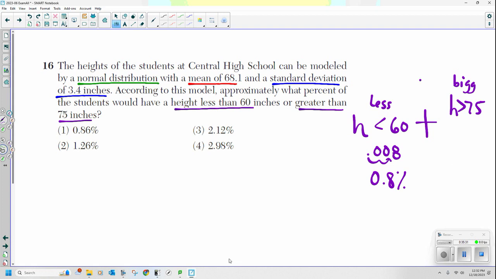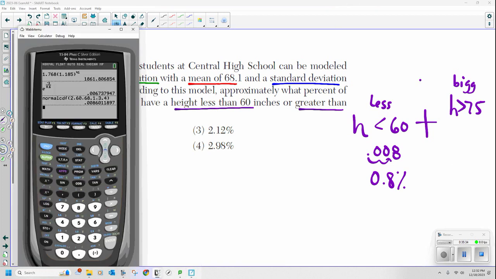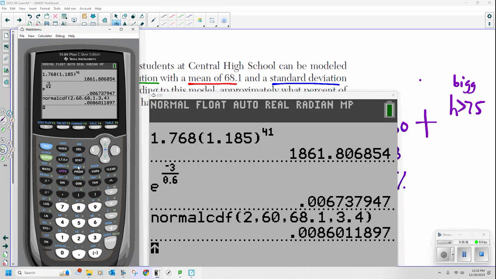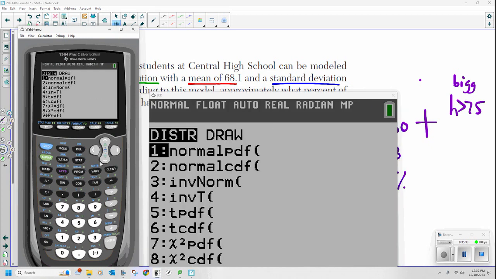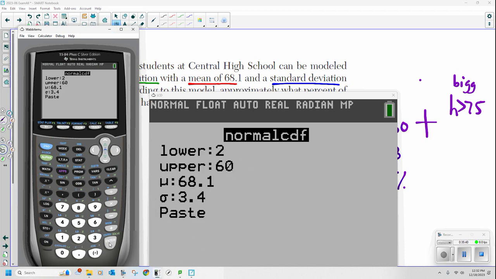Now I just do the same thing, but for 75 and more. Let's do that one more time. I'm going to go second distribution, pick normal CDF. This time I'm starting at 75, and I want everybody taller. No one is 1,000 inches tall, so if I put 1,000 inches here, that will cover everybody that's 75 and bigger.